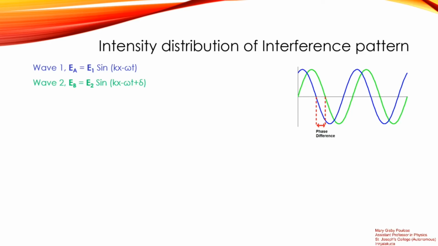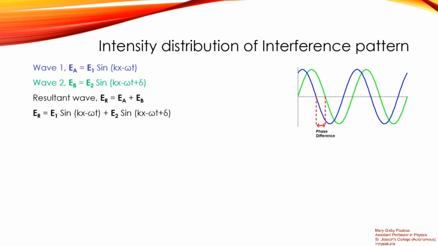When these two waves superimpose upon each other, they follow the principle of superposition to give the resultant wave as ER is equal to EA plus EB. This becomes ER is equal to E1 sine of kx minus omega t plus E2 sine of kx minus omega t plus delta.